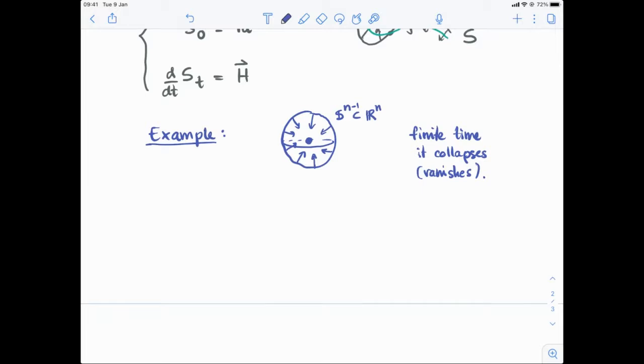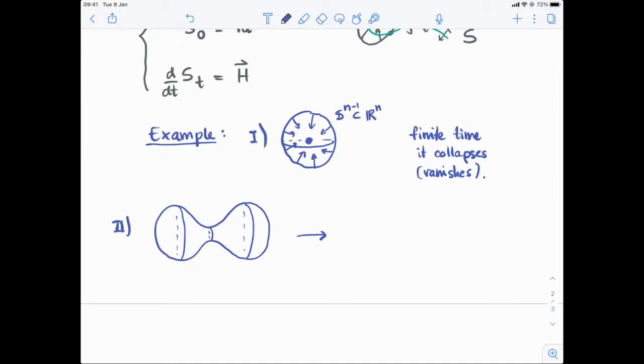The other example I can mention is a dumbbell. This is an example that you'll see very commonly referred to in the literature. It is like two spheres connected by a neck. This is example 2, and example 1 was the sphere.